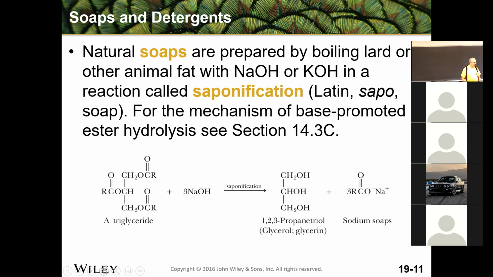You can use corn oil and sunflower oil and just about any vegetable oil. You can also use various animal fats to make soap. One time we even tried fish oil. It worked, it made soap, but the soap smelled terrible.